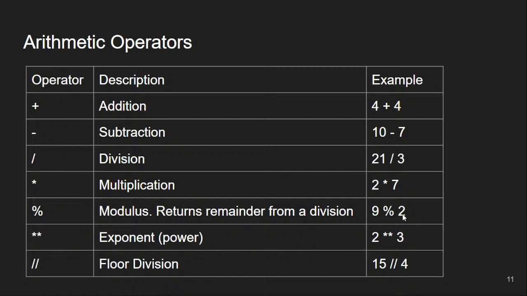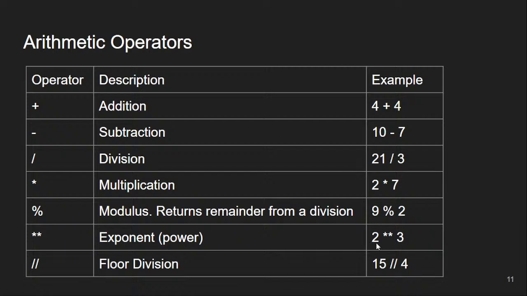You know that 9 divided by 2 is what? 4. That's what you get when you do 9 divided by 2. But the remainder of 9 divided by 2 is 1, because 2 times 4 is 8, plus 1 will give you 9. So this is the modulus operator. You can think of it as the remainder operator. It gives you the remainder of this mathematical operation.